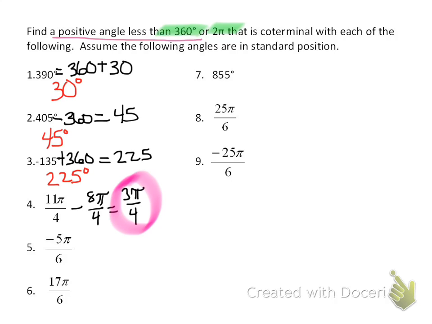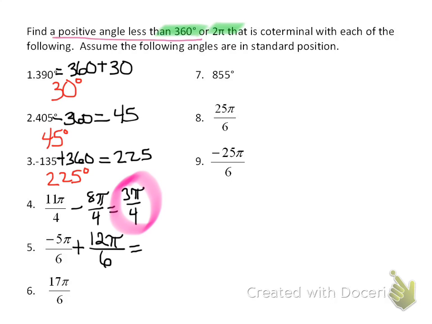All right, negative 5 pi over 6. Now I have a negative angle. In number 3, we added 360. What is the radian equivalent? 2 pi. But how do I express 2 pi with a denominator of 6? 12 pi over 6, good.